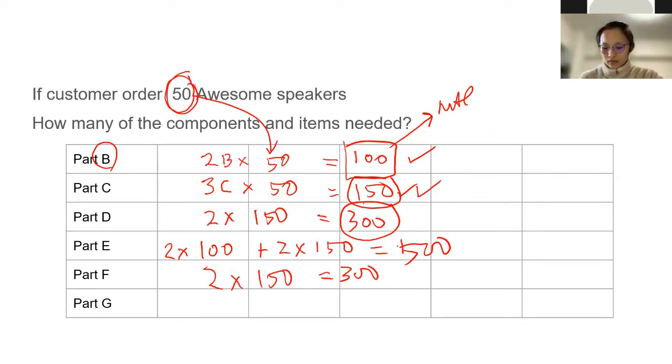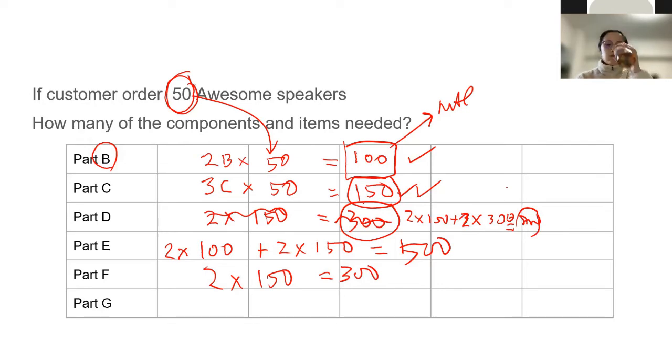And we haven't done D. That was not D just now, that was F. So D is 2 times 100 plus 2 times 300. 2 times 300 is 600, plus 200, so 800.